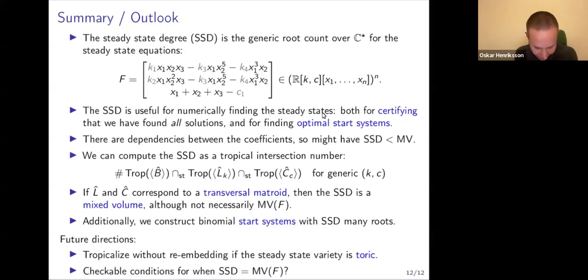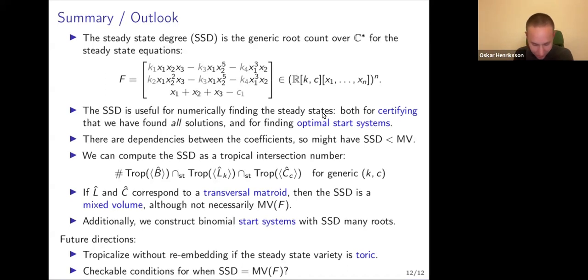Another question that is very interesting and that we're trying to understand is, when are the steady state degree and the mixed volume of the original system the same number? Like when is the mixed volume actually a sharp bound of the steady state degree?